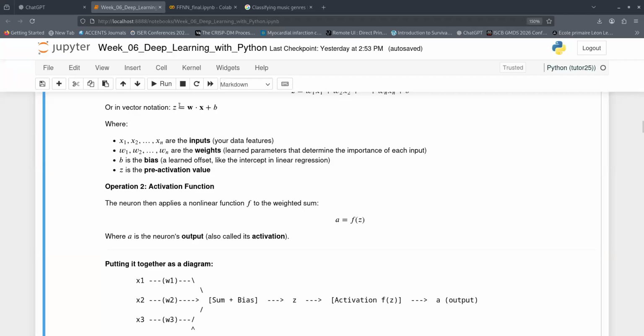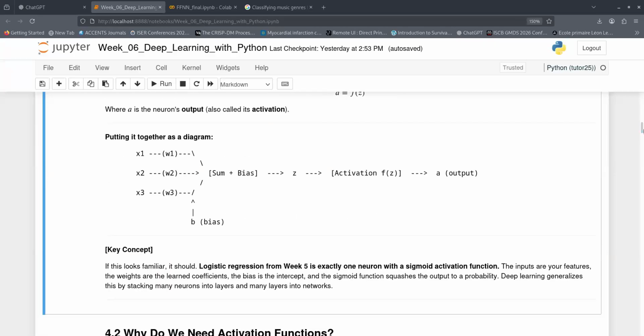So you have this z defined here by w x plus b, or omega x plus b. So we define an activation function, where A is the neuron output, also called its activation. We have to note that we have an input neuron, a hidden neuron, and an output neuron.